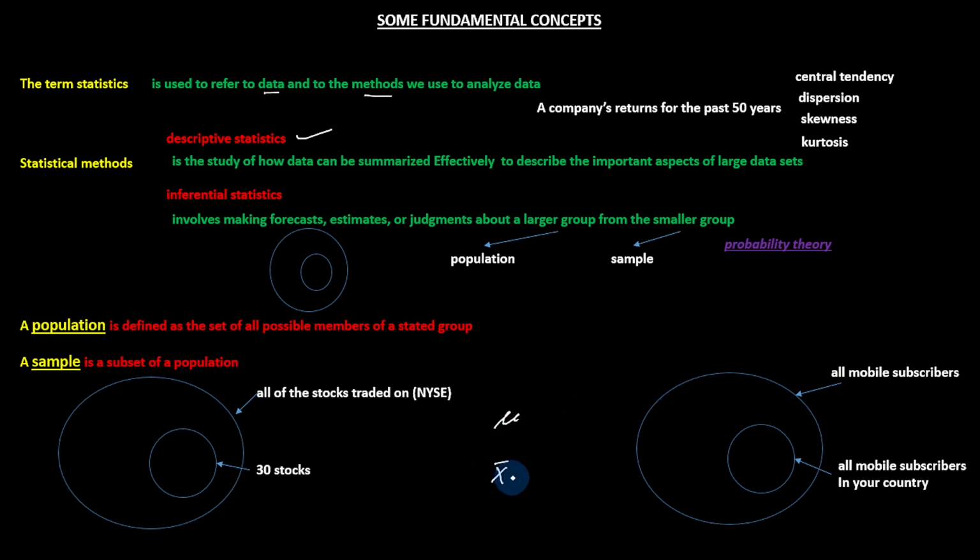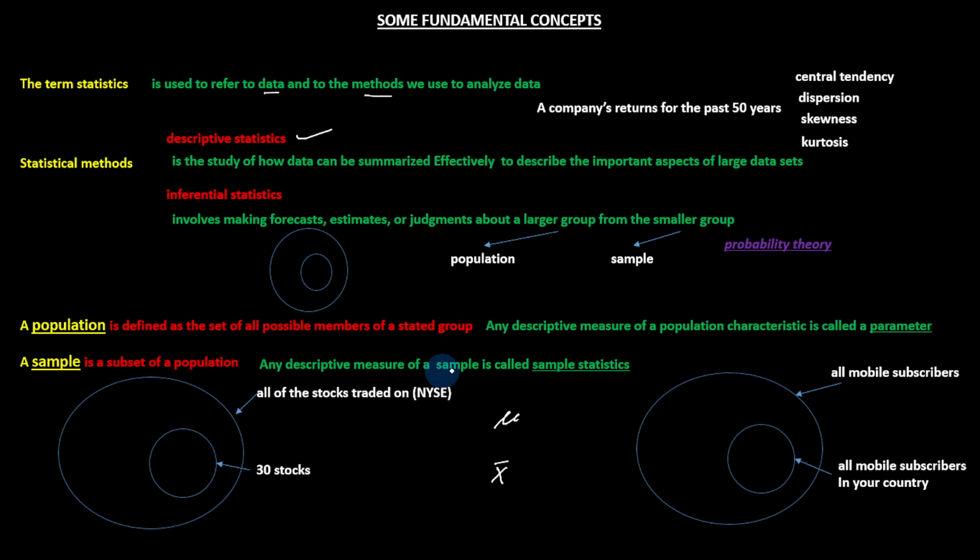And if you see the sample notation, you've got to stop and ask, how was that sample collected? Is it truly representative of the population or not? Now, whatever descriptive measure we have on a population is called a parameter. And if it's on a sample, it's called a sample statistic. So this one would be a parameter, this one would be a sample statistic.